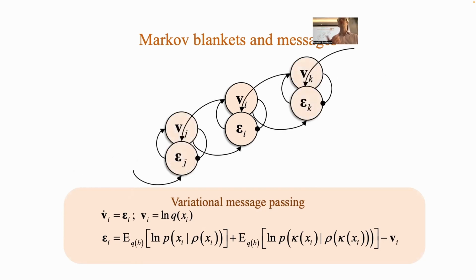And we can recursively represent a series of loops here that perform this inferential process. The epsilon signals are essentially the gradients of our objective function, which is here our marginal likelihood or a free energy approximation to it, with the V's representing the beliefs that we currently hold about whatever we're dealing with.